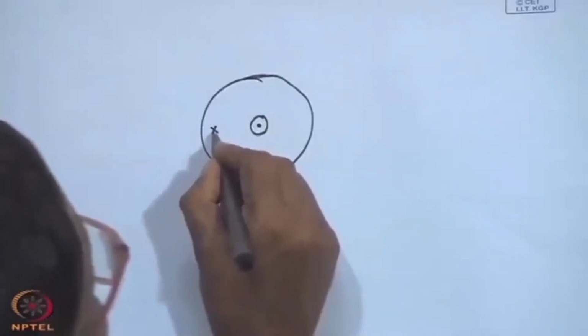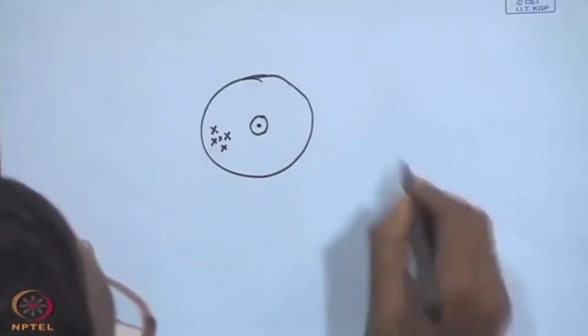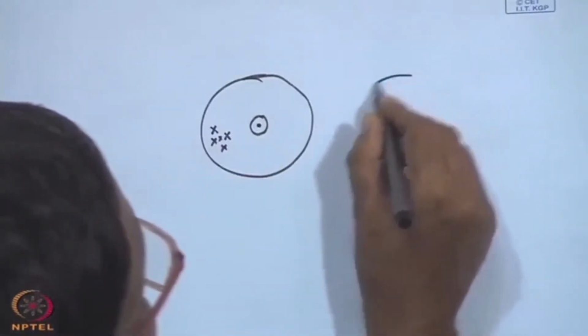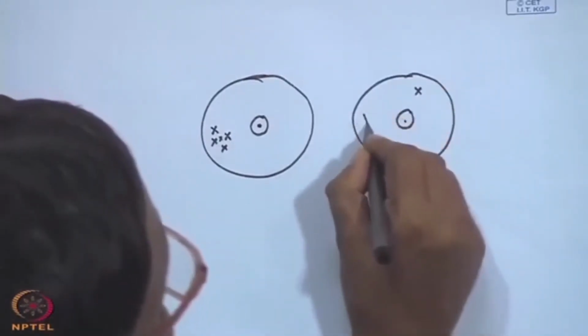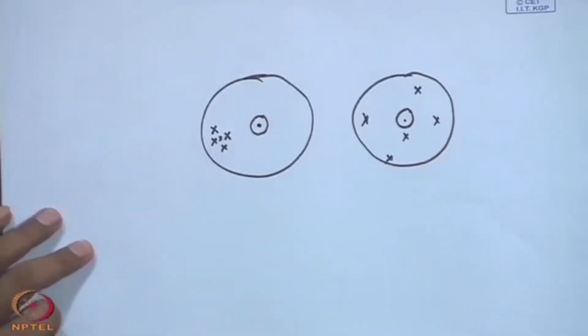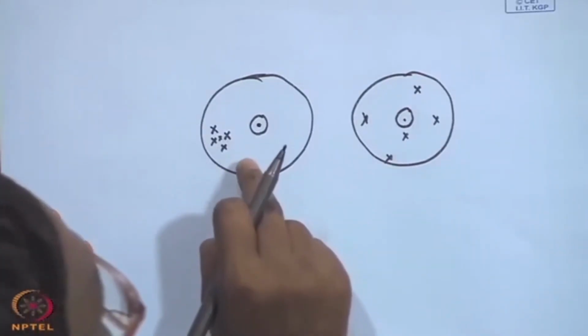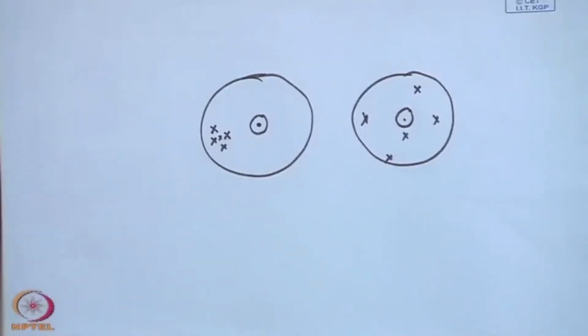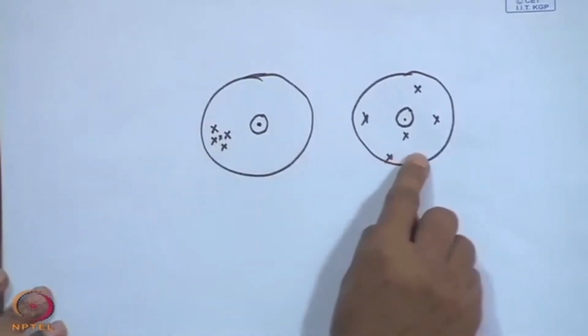Now, one shooter has all shots here, and another shooter's shots are scattered like this around the bullseye. You are the trainer with two shooters, A and B. Who will improve first by training? The first one. The precision of the first one is higher than the second one.